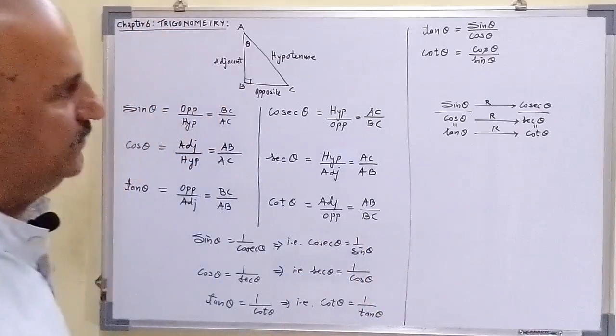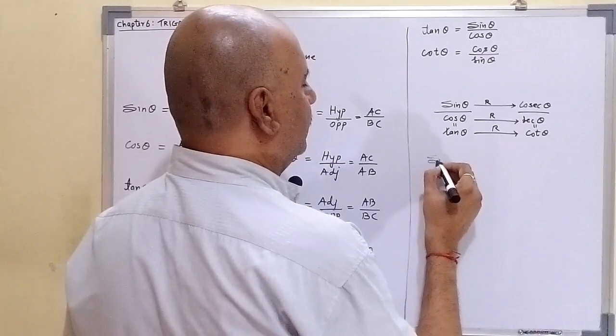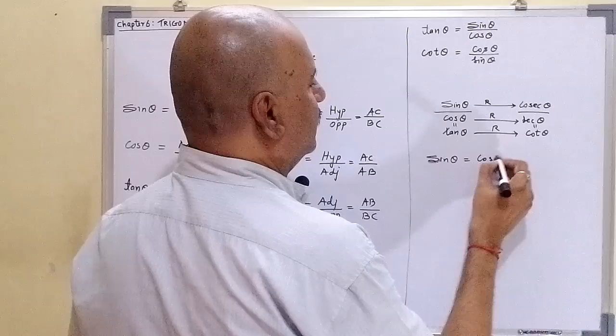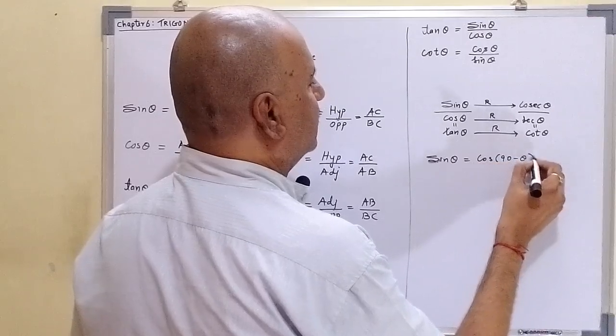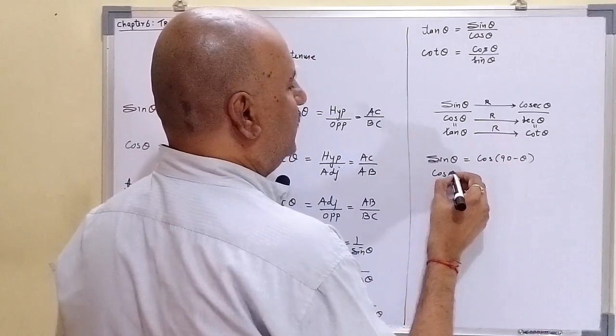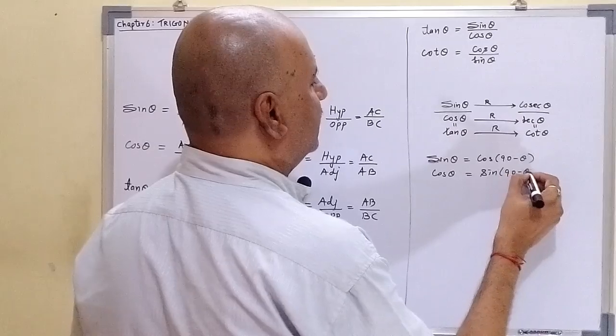इसको याद रख सकते हो इसे. और एक है, आप जानते हो, sin theta is cos 90 minus theta. Cos theta is sin 90 minus theta.